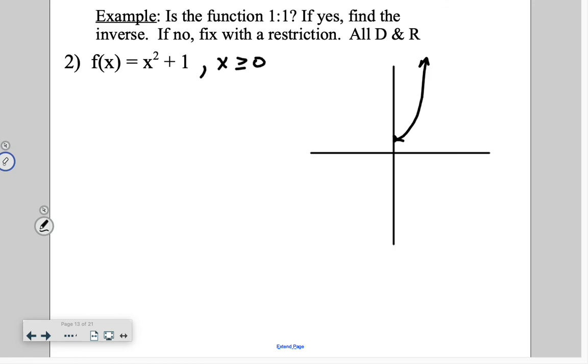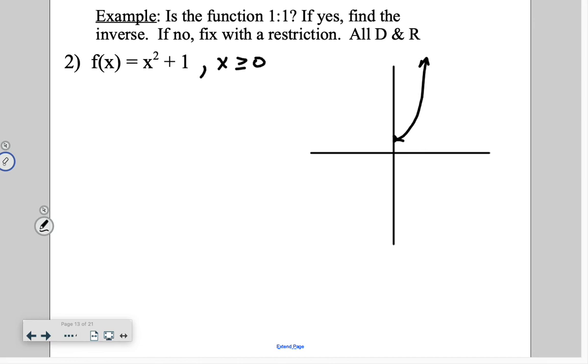You just restricted the domain so that now it is a 1-to-1 function. We took care of the part that was keeping it from passing the horizontal line test. Which means, before we get into any inverses, what's the range going to be of the inverse? If that's your domain of the function, the range is going to be y is greater than or equal to 0. Now, let's actually do it.